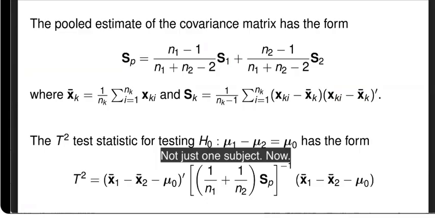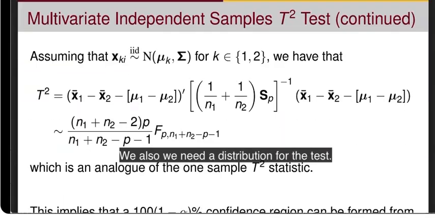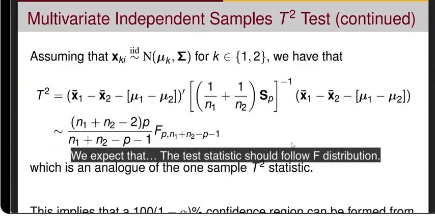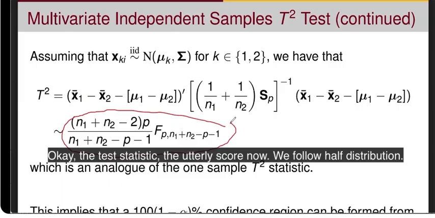Now, we also need a distribution for the test, because in case you want to make use of a p-value, we expect that the test statistic, the Hotelling's T-squared, will follow an F distribution.